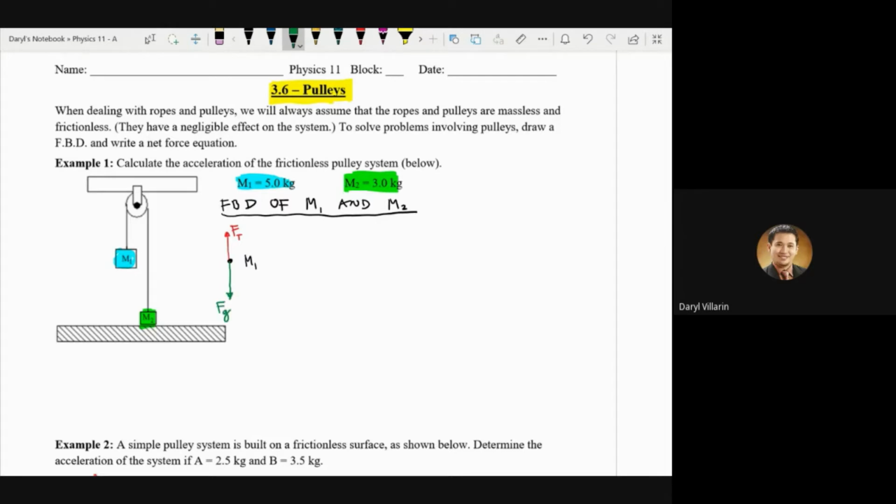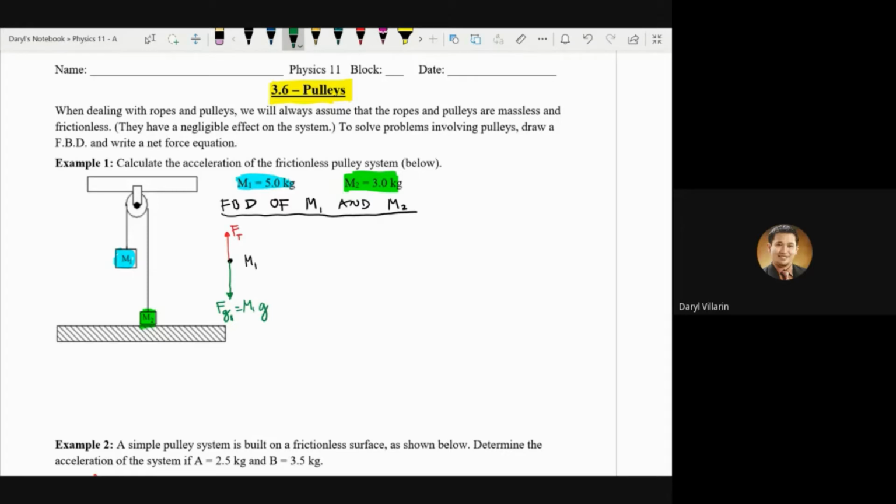But remember that I have two masses here, M1 and M2, and their values are different. So just to assign a different variable for the weight of my first object, I'm going to call that one Fg1. And we know that the magnitude of the weight is just equivalent to the mass of that object, in this case capital M1, multiplied by the acceleration due to gravity.